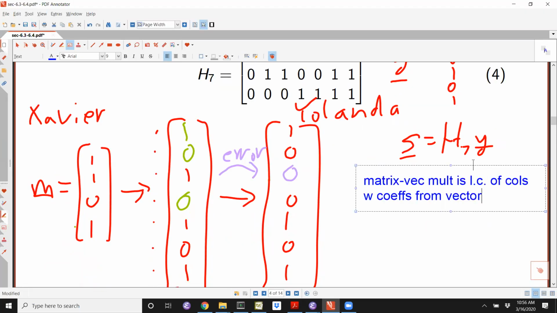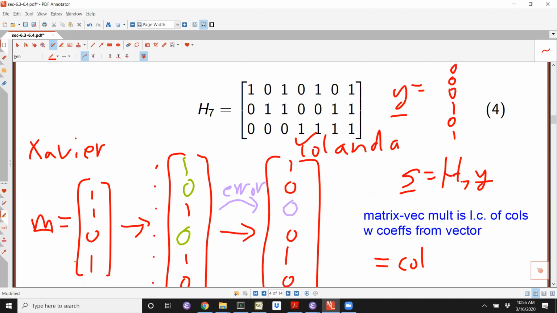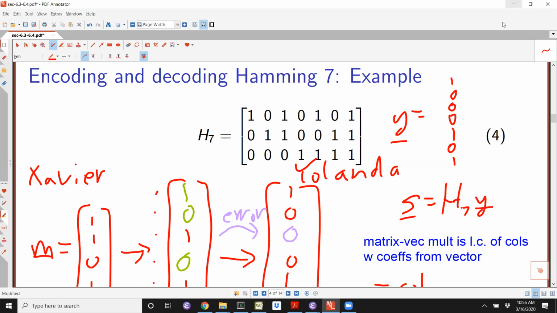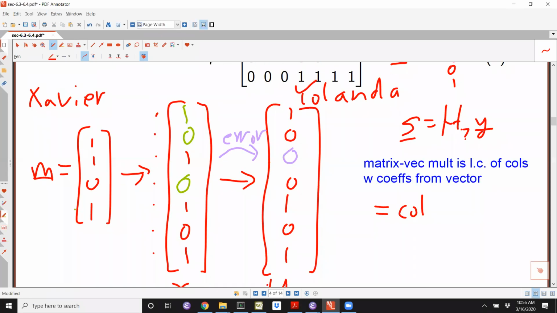So this multiplication S equals H7 times y is really just a sum of columns. Well, y itself has a 1 in positions 1, 5, and 7. So this is column 1 plus column 5 plus column 7.